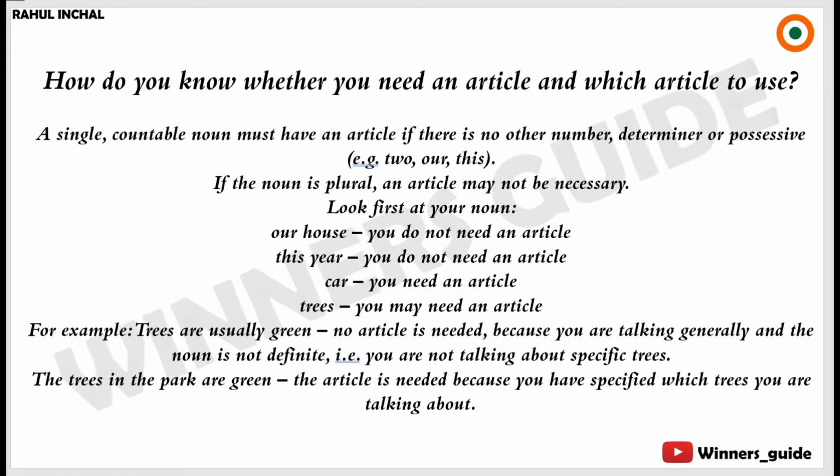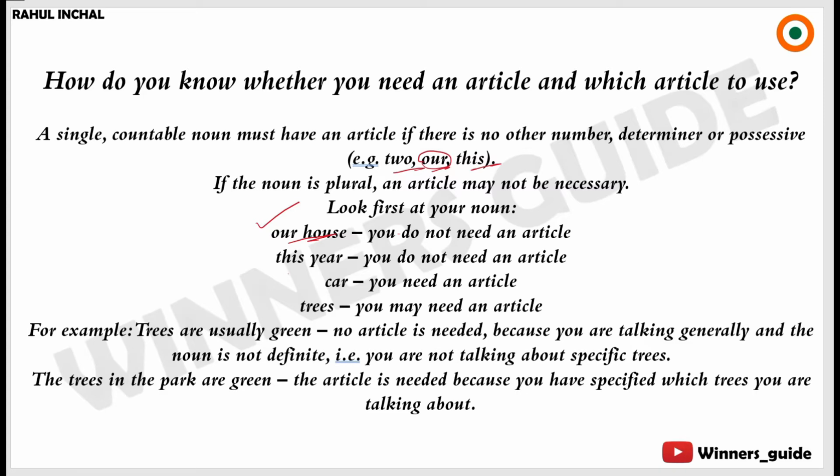Now, a singular countable noun must have an article if there is no other number, determiner, or possessive. For example, two, our, this. Okay, if the noun is plural, an article may not be necessary. For example, our house. You do not need an article, because our shows possession. We studied possession in the last class.